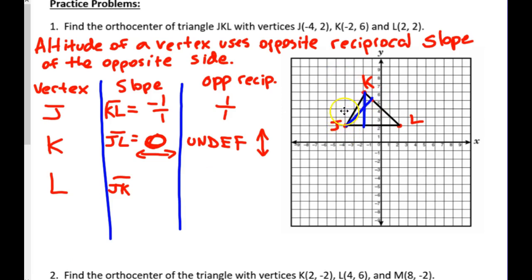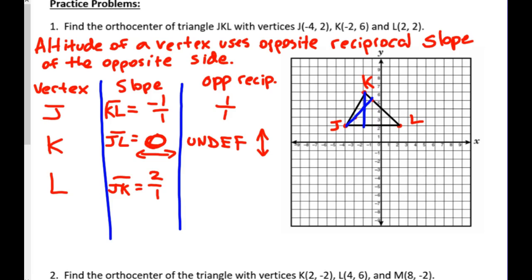So, up 2 over 1. So 2 over 1 is the slope. Write that down. You could have done from J all the way to K, which is 4 over 2, but everyone knows 4 over 2 reduces to 2 over 1, right? Okay, so once we have our slope of 2 over 1, then we're going to find the opposite reciprocal slope.